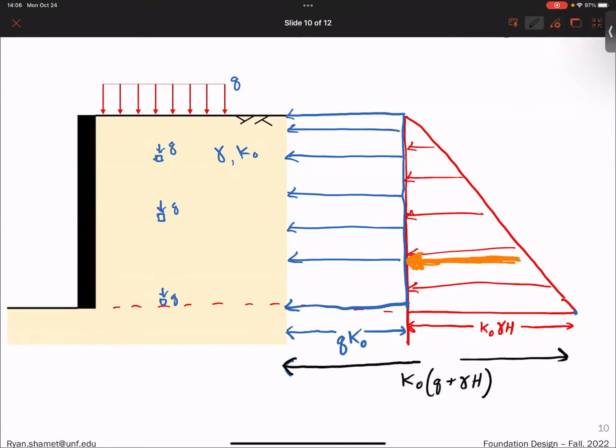So anytime you have loading on the surface, we also need to multiply that by the earth pressure coefficient to determine the horizontal load.